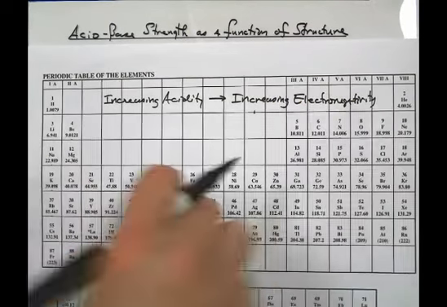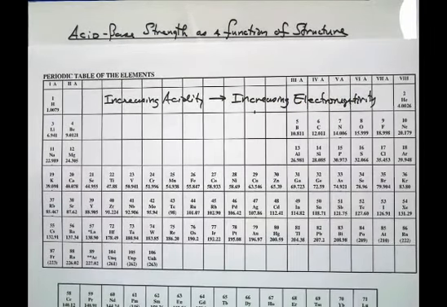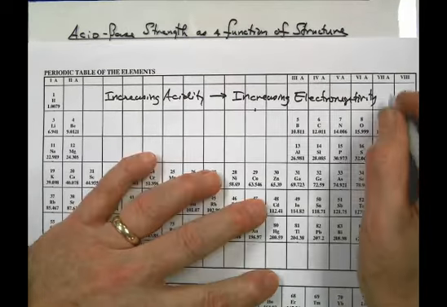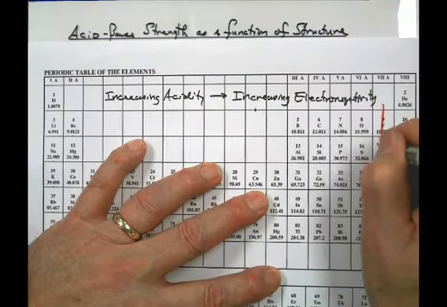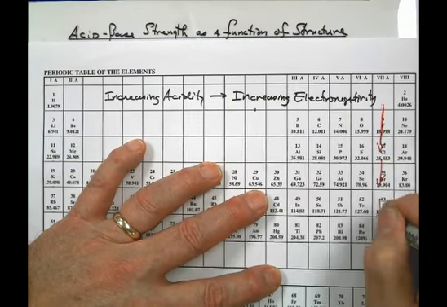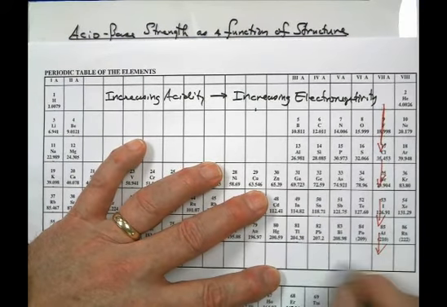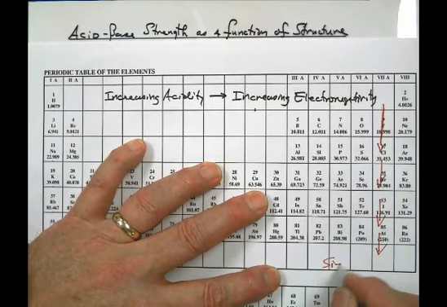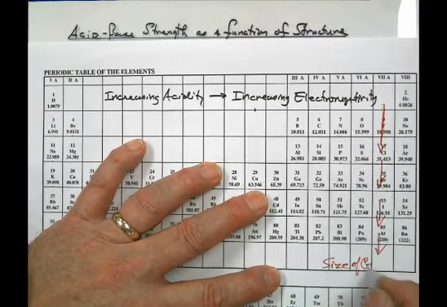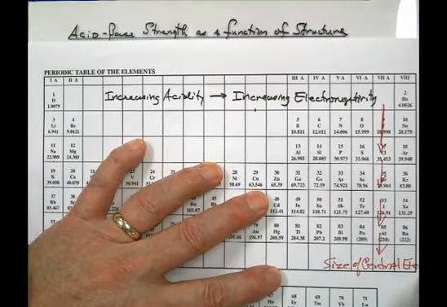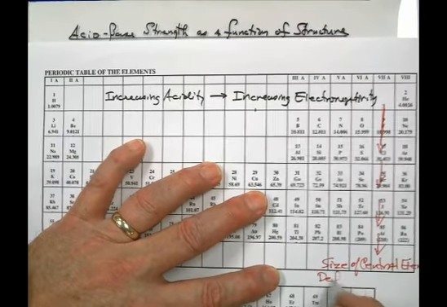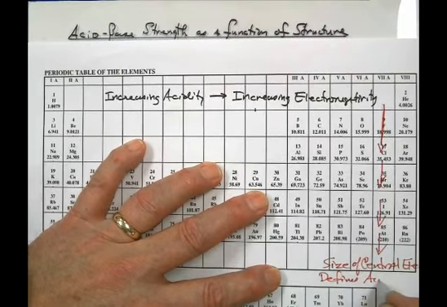So let me get a different color here. So I'm going to go this way. Pen's not there. We go. Size of central element defines acidity.